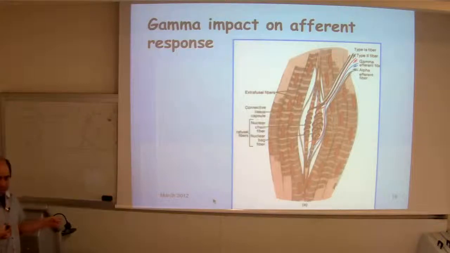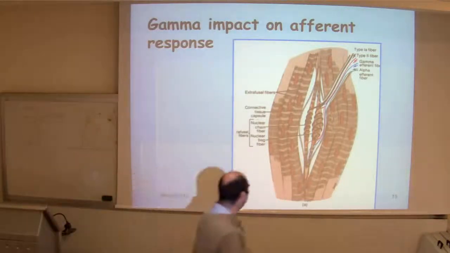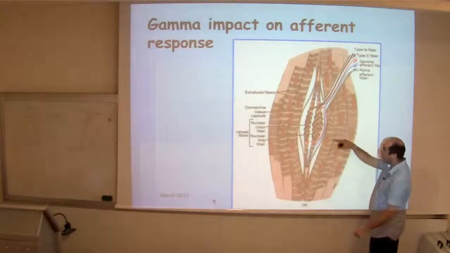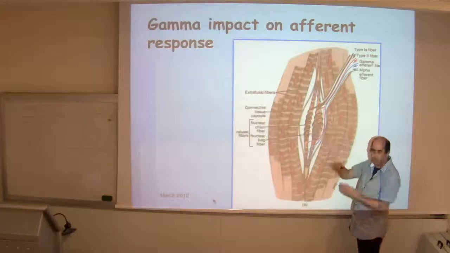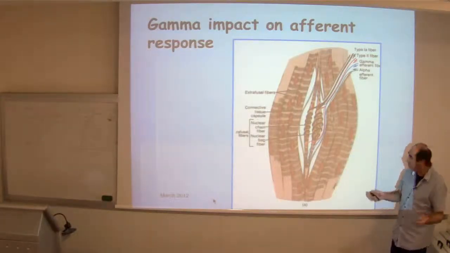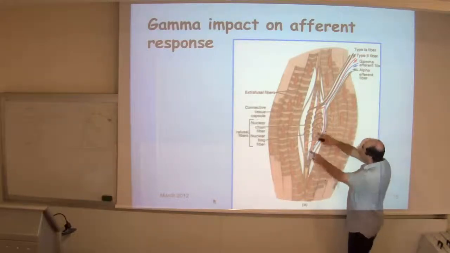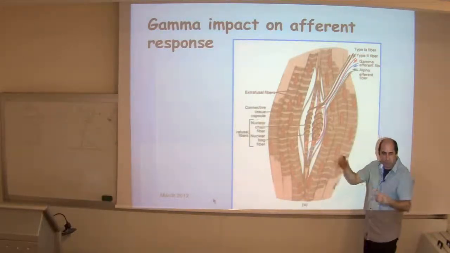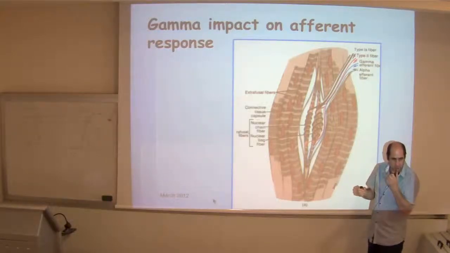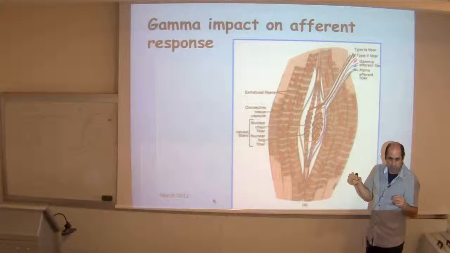If you don't activate the gamma motor neurons and you stretch the muscle, these fibers will be stretched and increase the firing rate. But also, if you don't stretch the muscle and you just activate the motor neuron, the spindle fibers will be stretched, and this activation will go through the alpha motor neuron.